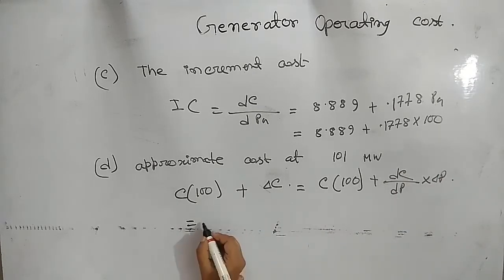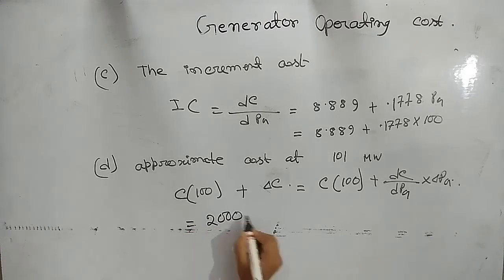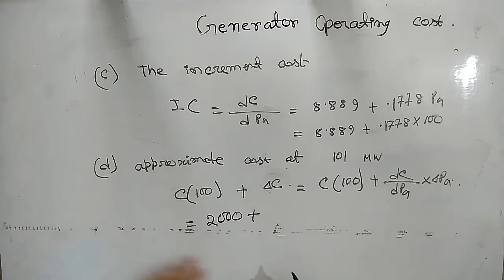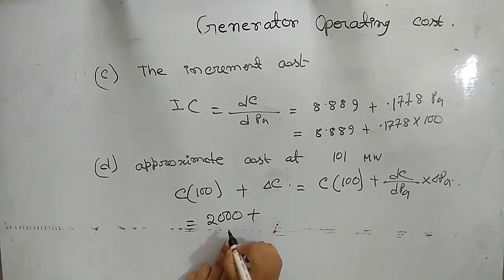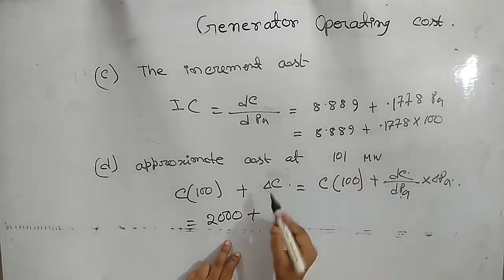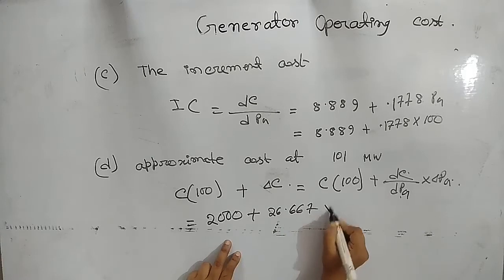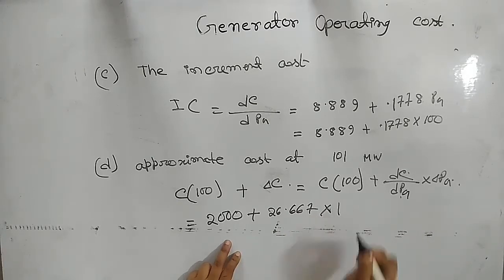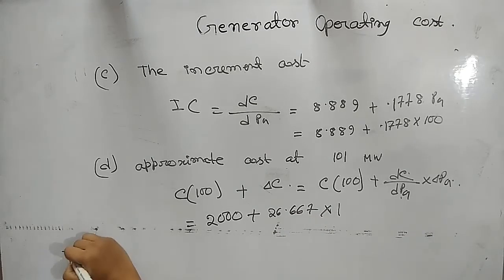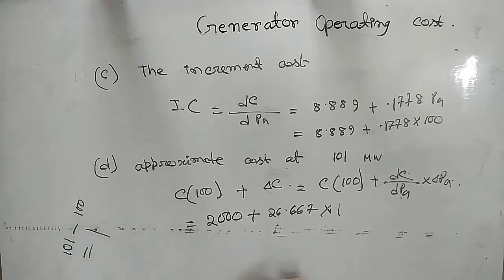Now C100 is 2000. We have determined this value. And what is the value of DC by DPG? That is 26.667. And what is the value of delta PG? It is 1, because 101 minus 100 is equals to 1.